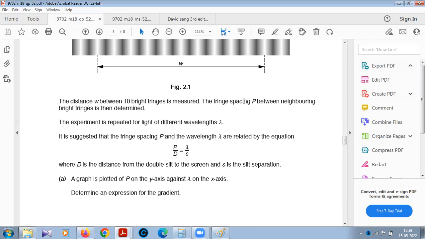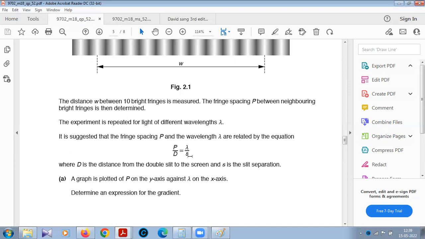Now also a relation is given to you between the fringe spacing P and the wavelength: P by D is equal to lambda by S. P is the fringe spacing, D is the distance of the screen from the slits, lambda is the wavelength of the light that we are using, and S is the distance between the slits.